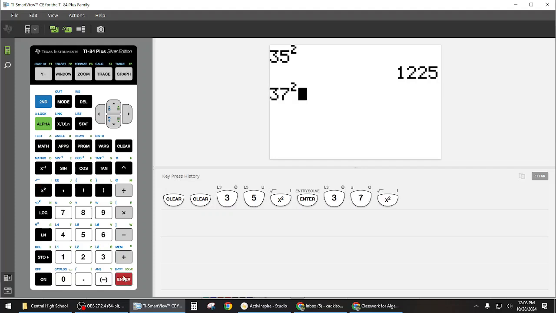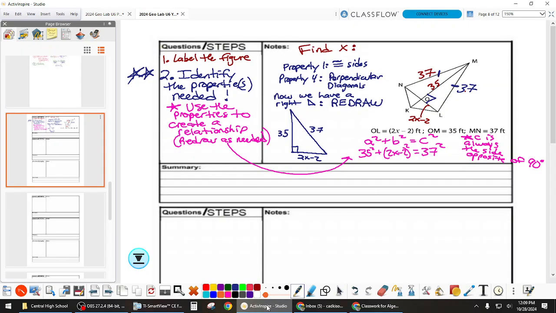So let's go ahead and write those in there. 1225, 1369. I'm gonna leave this square. How would you proceed from there? Sorry, I should have a plus right here. Plus. Working to get x by itself. What should we do next?